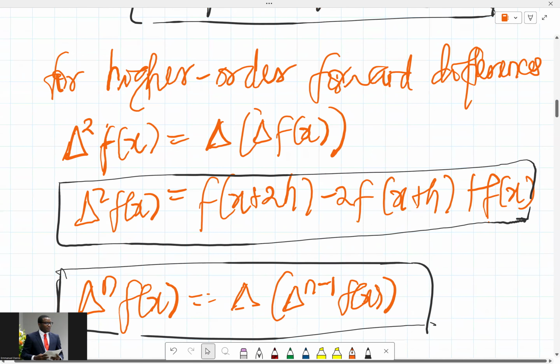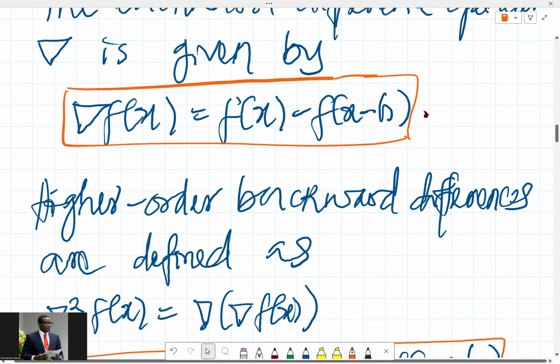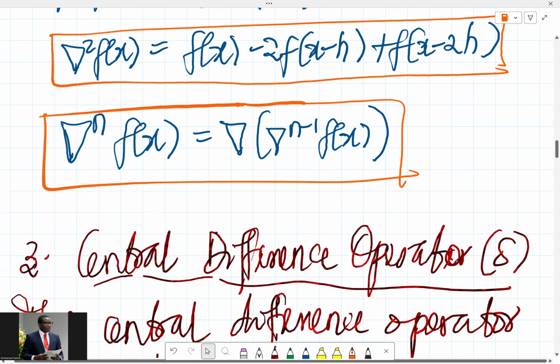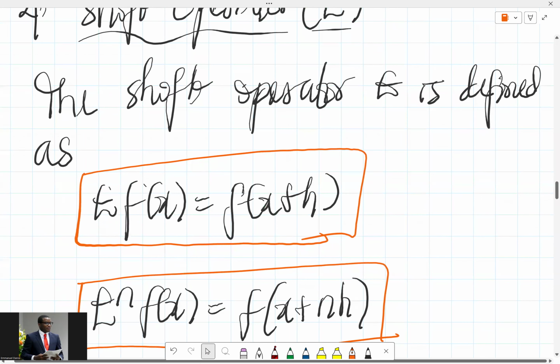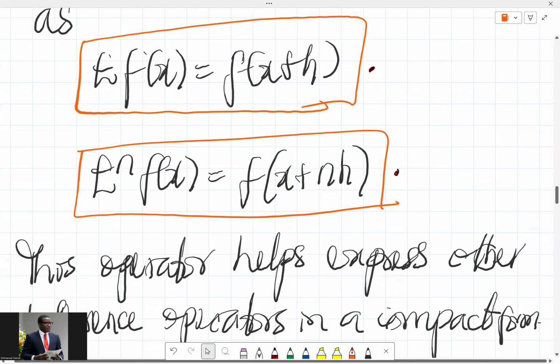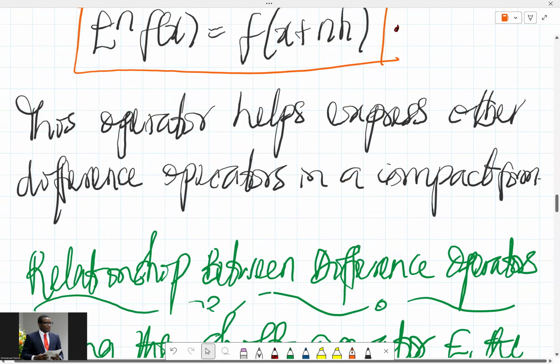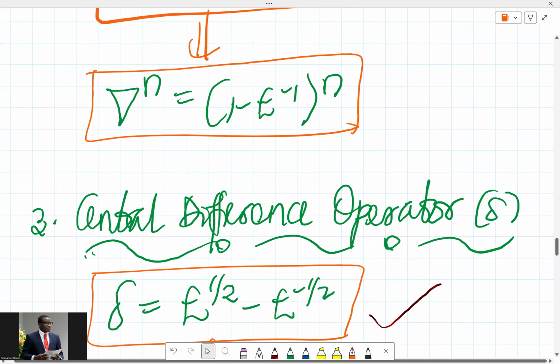This is the definition for backward difference. That's the basic definition, don't even worry about the square or the nth one. This is the basic definition for the central difference operator, and this is the basic definition for the shift operator. This can also come in handy. So following these basic definitions, prove the ones I marked.